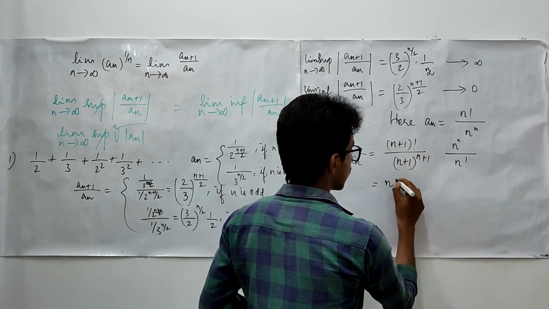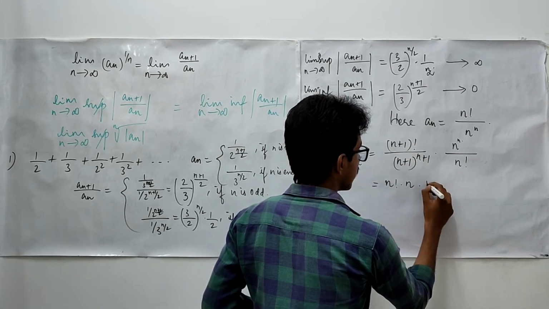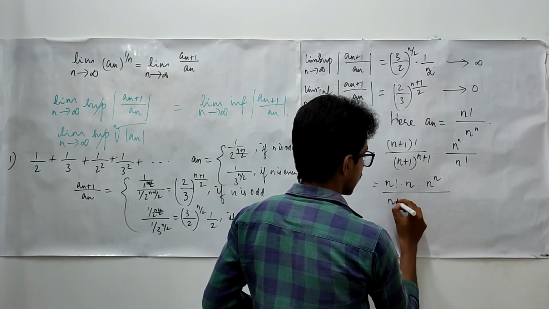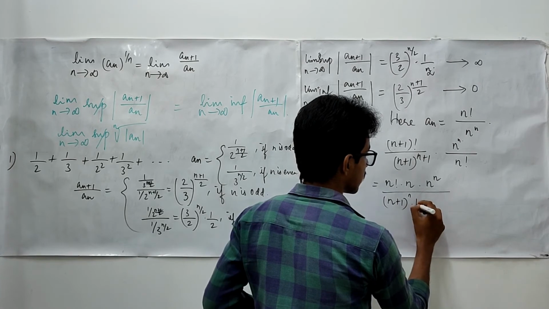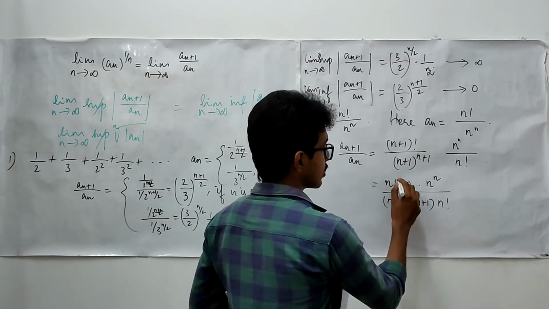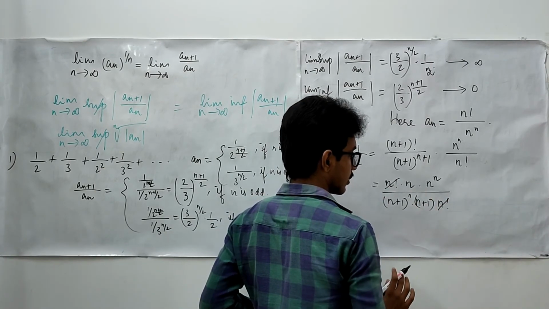So this may be written as n factorial times n power n, and in the denominator n plus 1 to the power n times n plus 1 and n factorial. This n factorial gets cancelled.